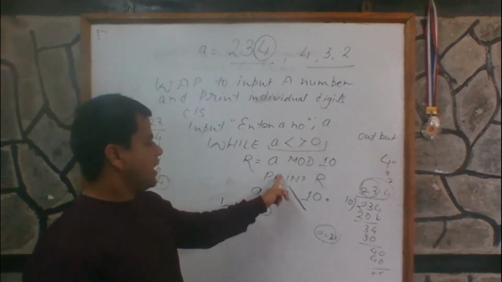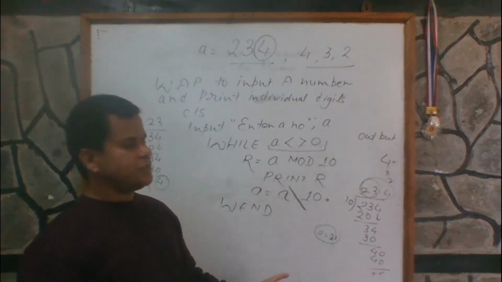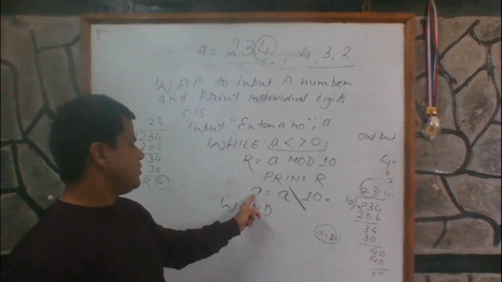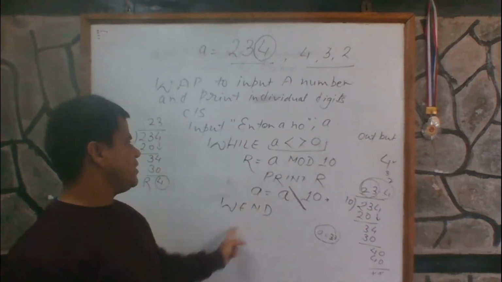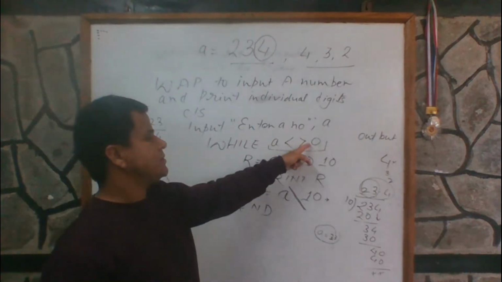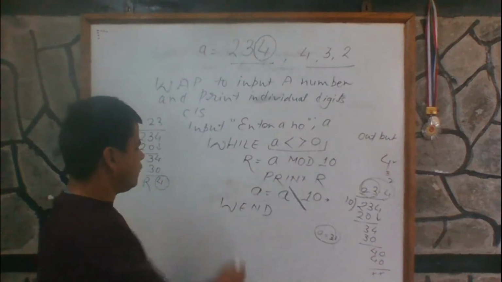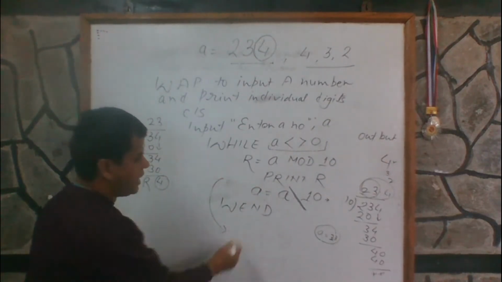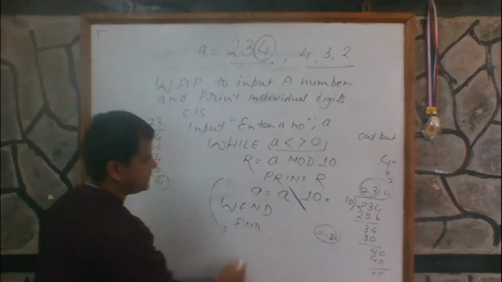After that 2 integer division by 10 is 0.2, and the integer part is 0, so the value of A is 0 and 0 is not equal to 0, the condition is false and the loop will terminate and the program is going to end over here.